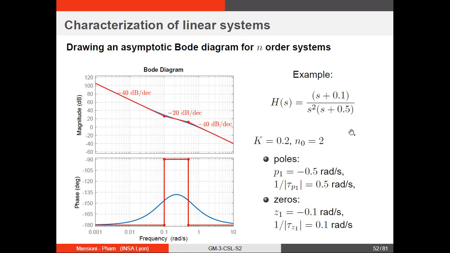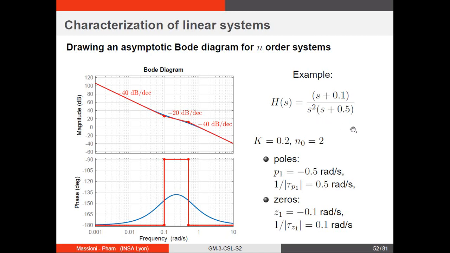Then poles and zeros: besides the poles at 0 here, which are taken into account by n naught, we have a pole for s equal to minus 0.1, and sorry, a zero for s equals minus 0.1, and the pole at minus 0.5.